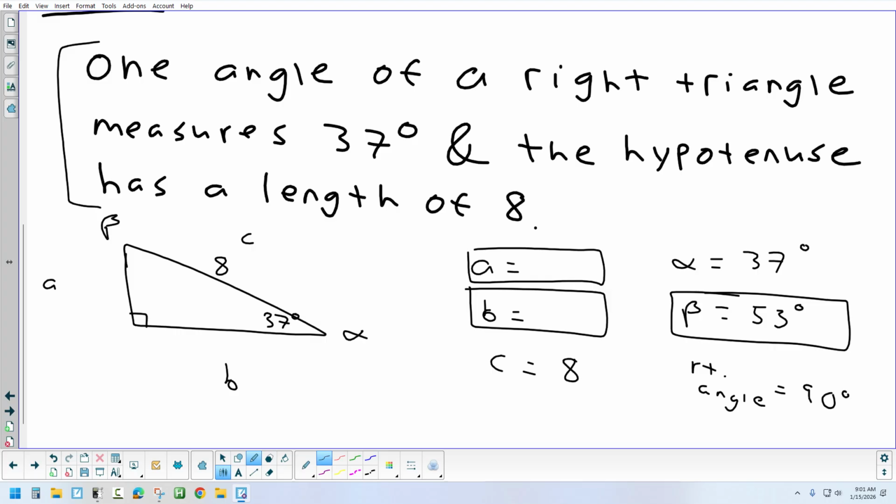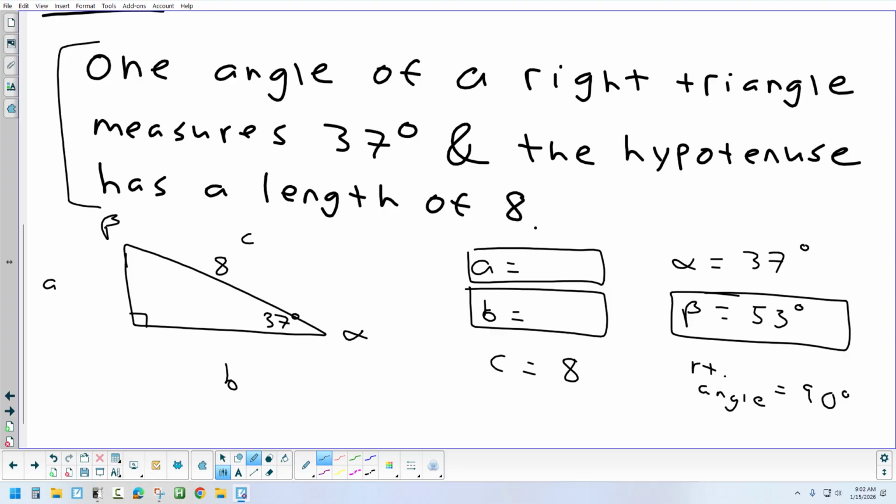Okay, now I need to find A and B. To find A and B, I need to pick a reference angle. The reference angle is going to be my perspective in the triangle for determining what's opposite and what's adjacent. I have 2 angles I can pick from, the 37 or the 53. Which angle do you think I should use as my reference angle? Probably 37. I would use the 37. Yeah, how come?